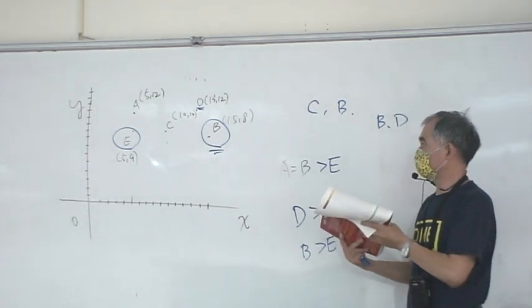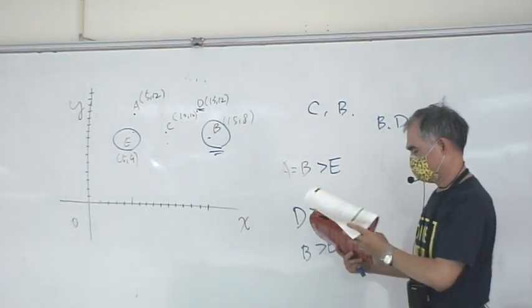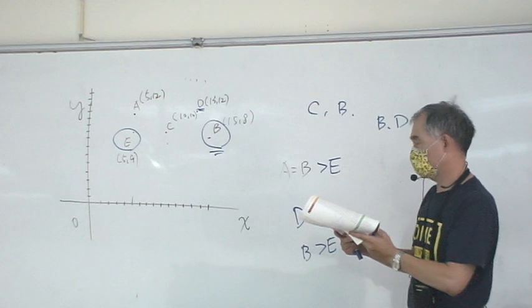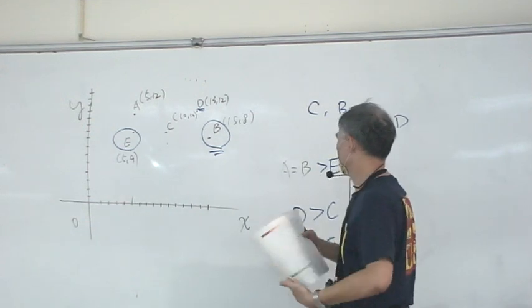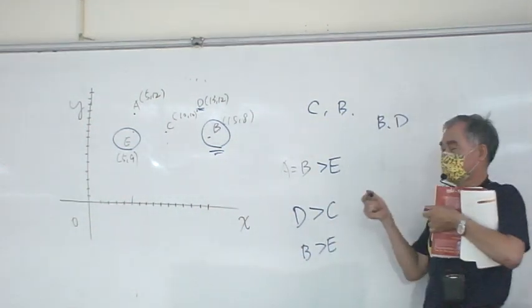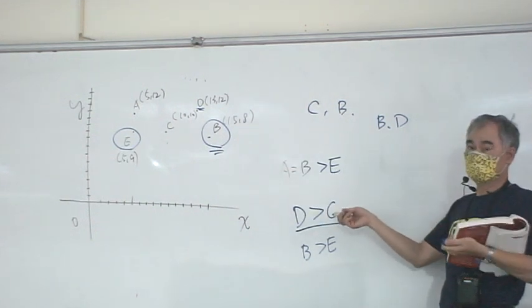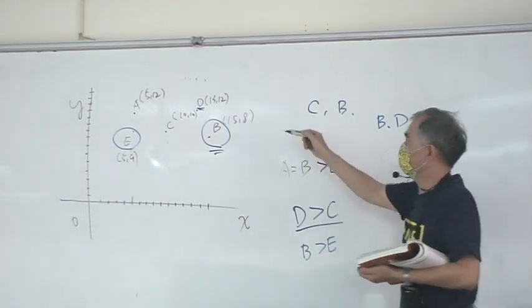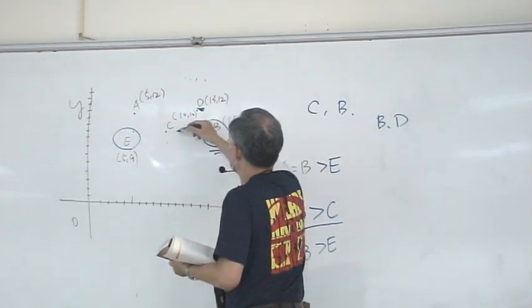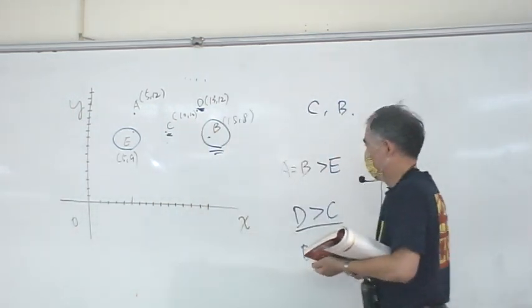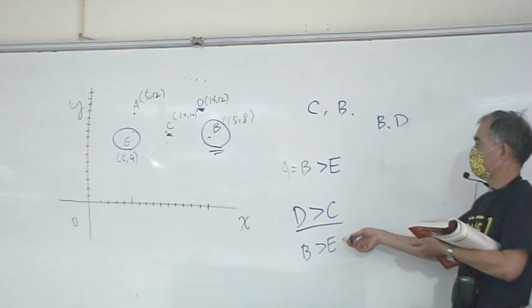The first one, C and D, right? We have already got here, right? D is greater than C. Okay, and B is greater than E.